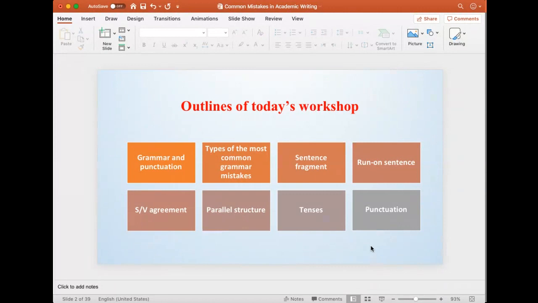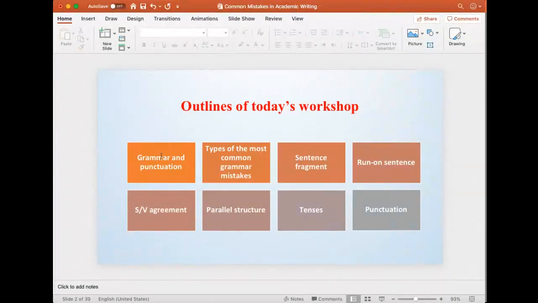As you know, there are so many problems and issues that students and writers commit in academic writing, but because of the short time of this workshop, I'm not going to go over everything, so I just pointed to certain issues that can most commonly be committed by academic writers and students.